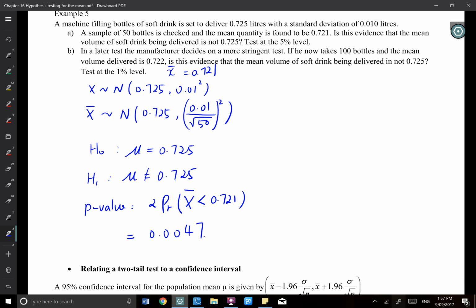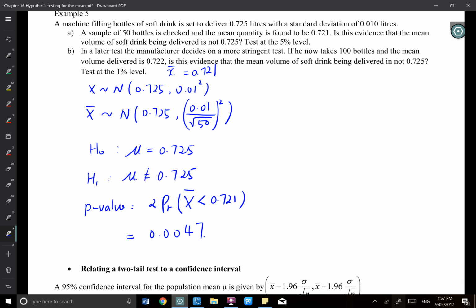And for part B, in a later test, let's decide on a more stringent test. I don't want that easy pass. Now it takes 100 bottles and the mean is 0.722. It's a little bit higher, but it's still below the actual. Is there evidence to say mu is not 0.725?